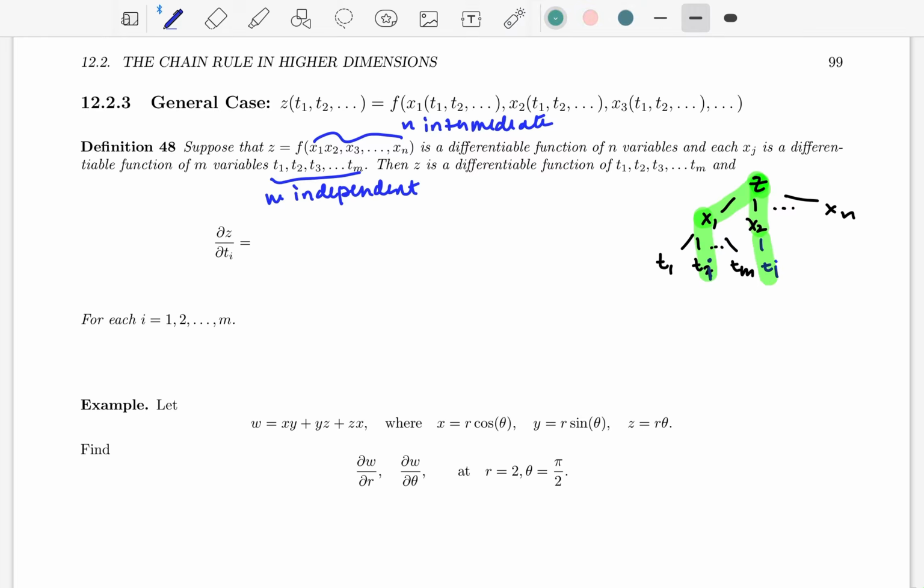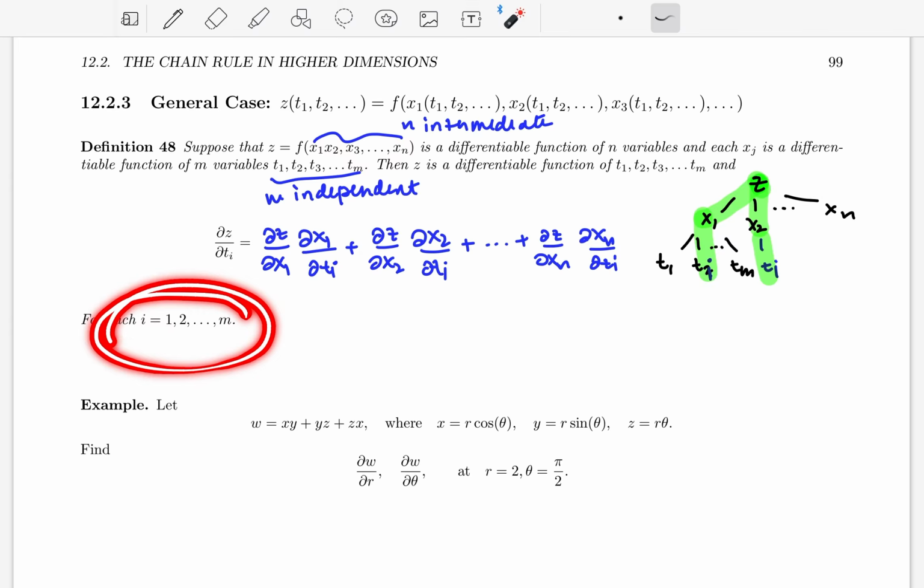So this would be equal to dz/dx1 dx1/dti, plus dz/dx2 dx2/dti, plus, and so on, dot dot dot, plus dz/dxn dxn/dti. And then I'm going to have the same thing for all m of them.